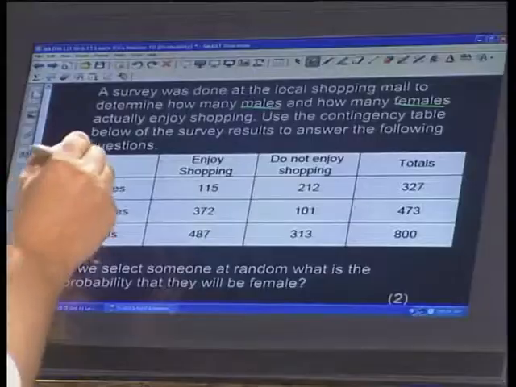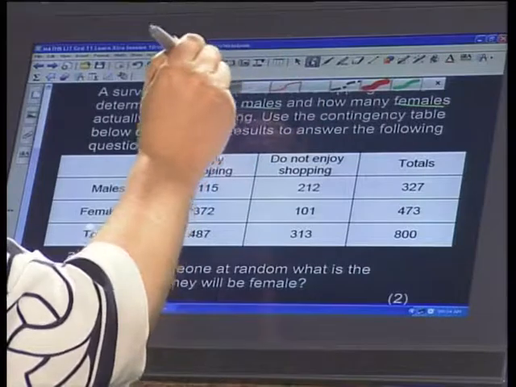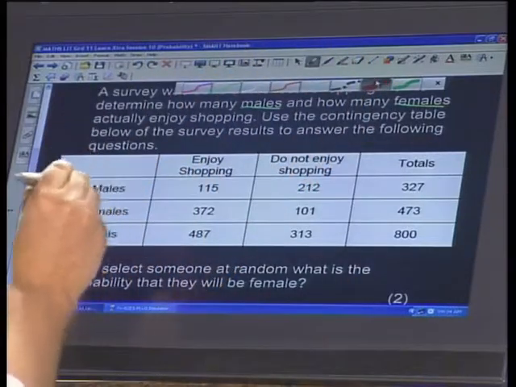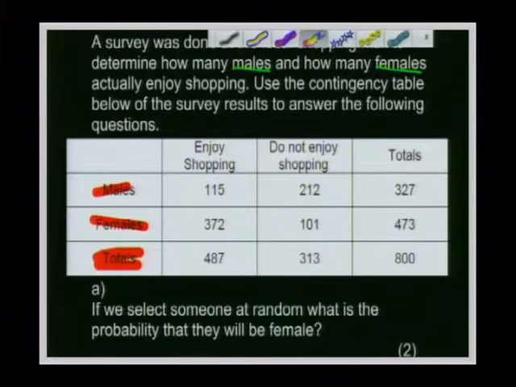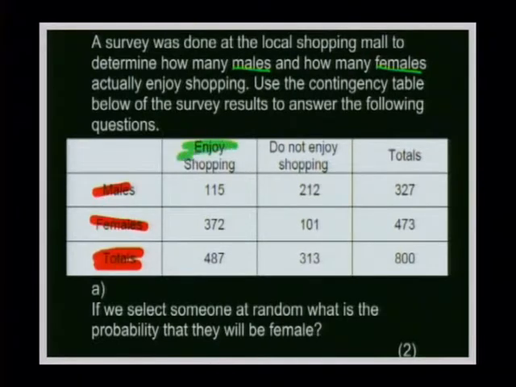Along here, we've got gender, so whether they're males or females, and then I've got a total. Across my other axis, I have whether they enjoyed shopping or did not enjoy shopping, and again I've got a total.